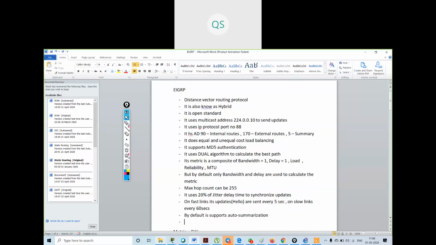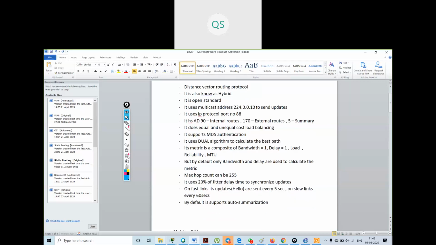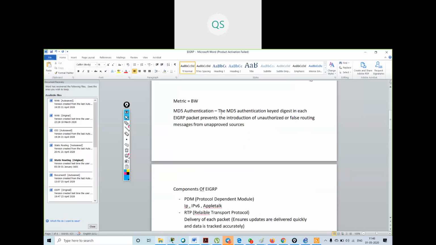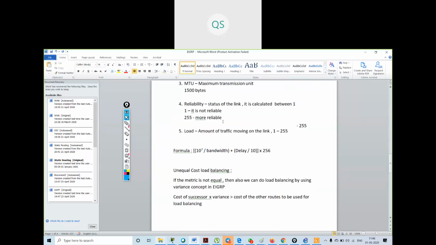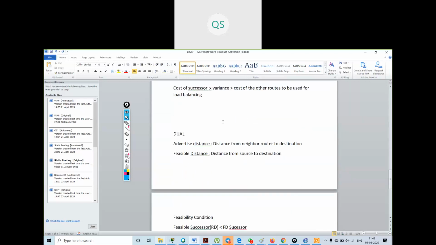So these are the things that we have to know about EIGRP. We will study EIGRP more. We have different types of tables in EIGRP, as we have in OSPF.